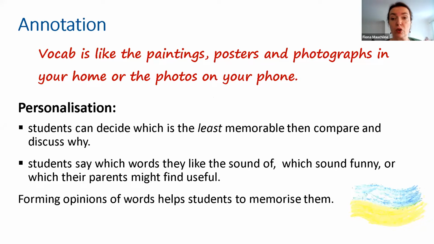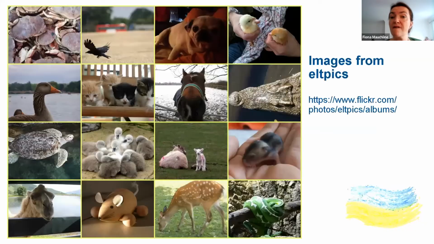Apart from words, of course, we can use photos. And I hope you can see the link there. These photos are taken from a resource that was put together by teachers of English for teachers of English. All right, that's the link. The albums within Flickr are organized according to English teacher categories.